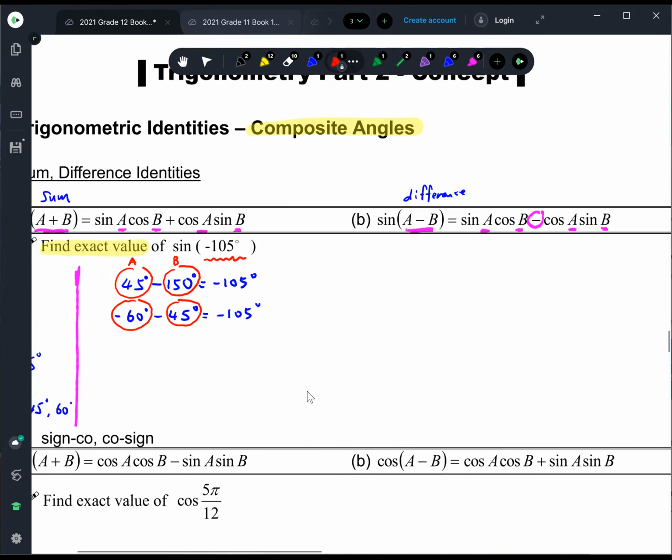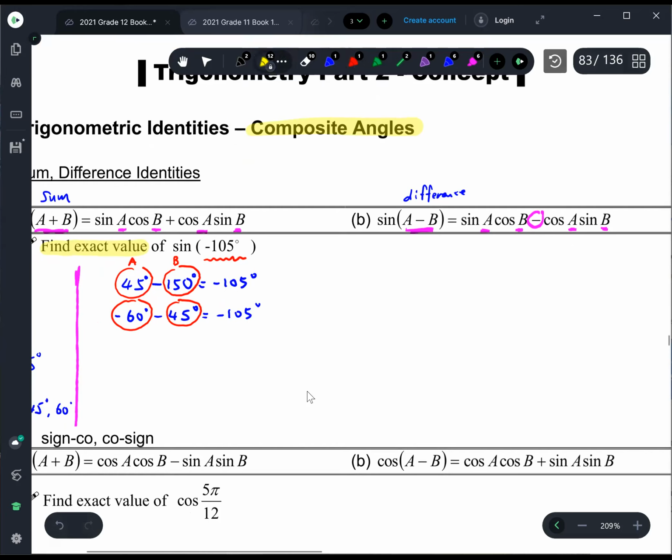So since we're using the subtraction, you can see that it's A subtract B for both of them. So we need to use the sine of a difference, the sine of A minus B, okay? So you look at this one, we're using the one with the subtraction, okay?